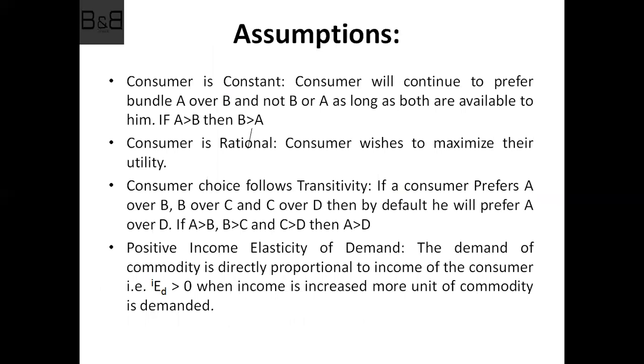That is, if a consumer prefers bundle A over B, then the consumer will not prefer bundle B over A as long as both are available to him. That is, he will always prefer bundle A to bundle B until and unless there are some external or other factors involved.